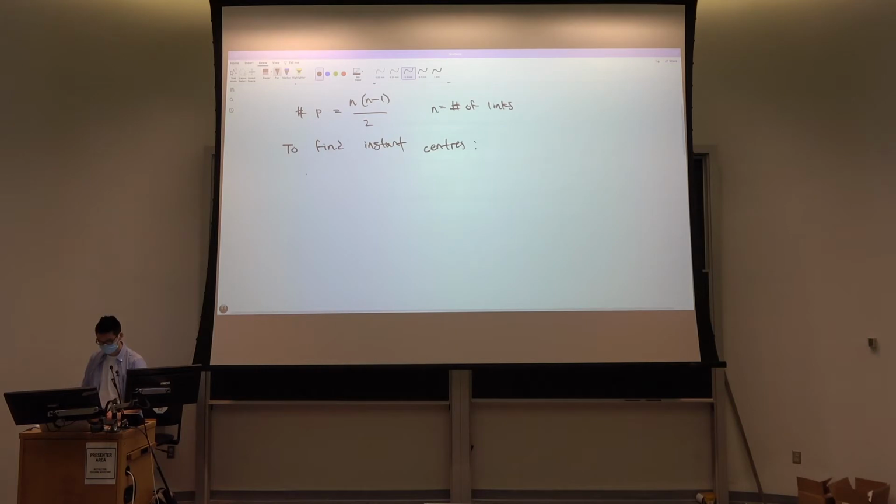To find instant centers, step by step. Step one, list out all the ICs. This is just listing them out, like P11 or P12, P13, P14, P23, P24. You're literally listing them out, and you should have the same number as dictated by the formula up here.